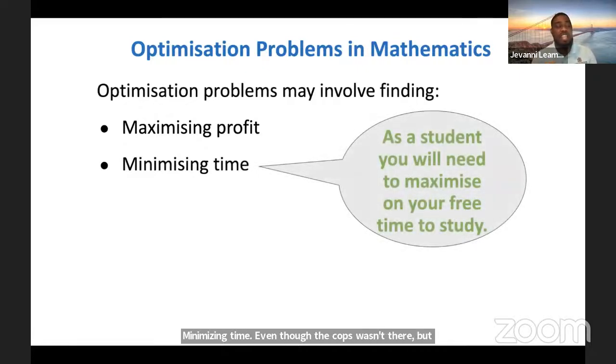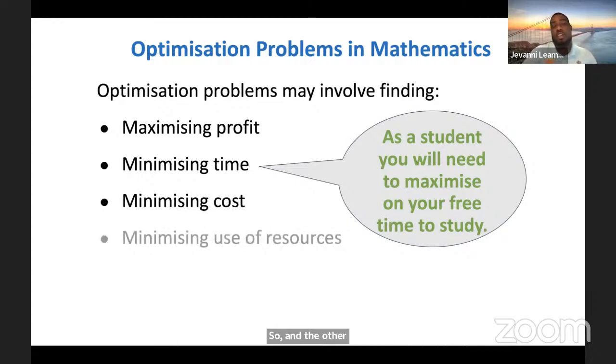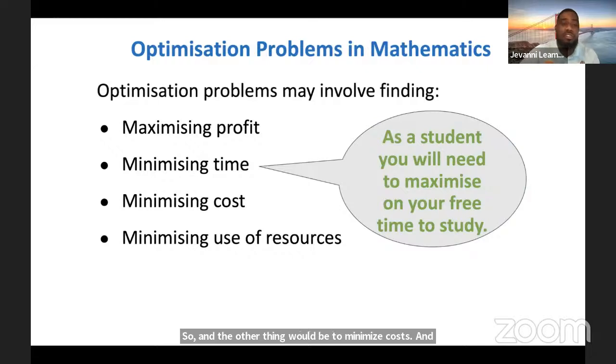For minimizing time as students, you will want to maximize your free time to study. They always tend to tell you to study when you have free time. And the other thing would be to minimize costs and minimize the use of resources.